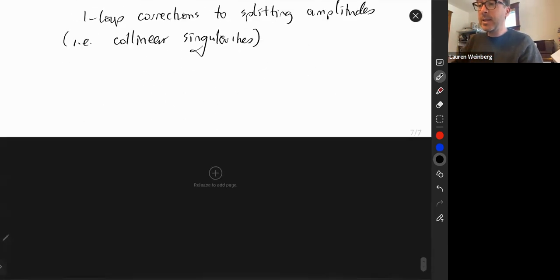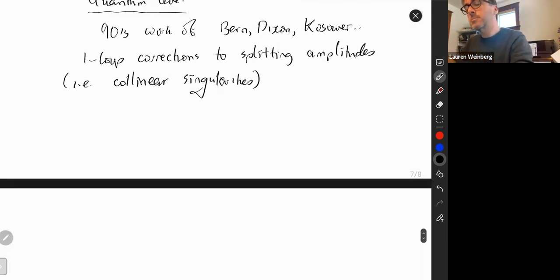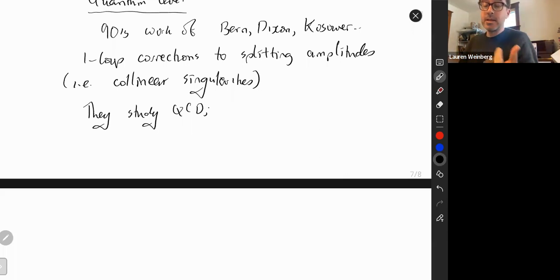So they're studying QCD. Of course, when they do full QCD, the expressions they find are quite complicated, and they depend on the cutoff and everything like that.